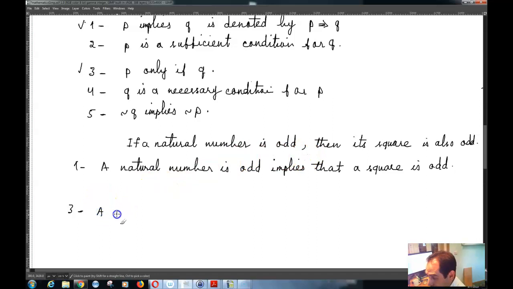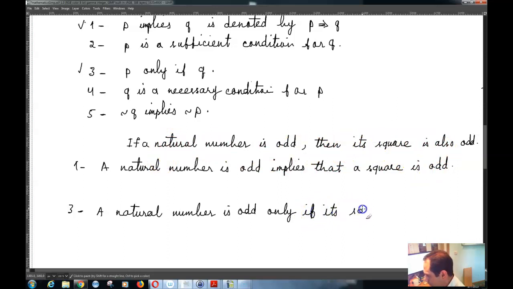A natural number is odd only if its square is odd.